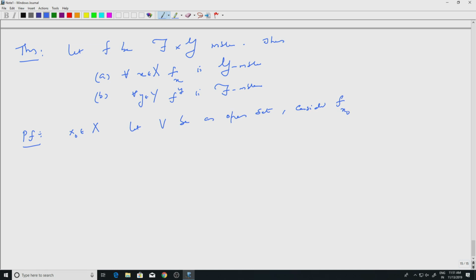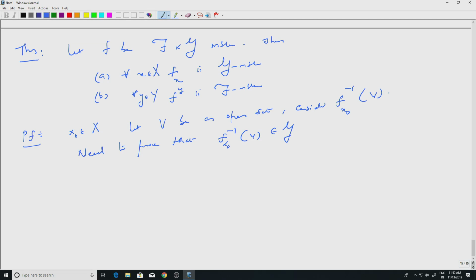I want to say this is measurable, which means I look at the inverse image of an open set in the real line or complex plane, etc., and I want to know whether this is in G. So, what do we need to prove? We need to prove that f sub x naught inverse of V is actually in G. That is what we want to show.